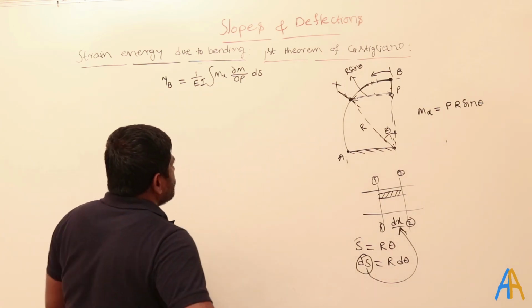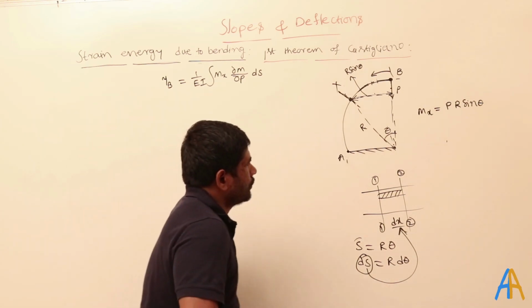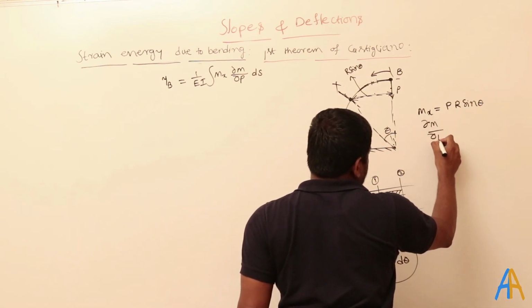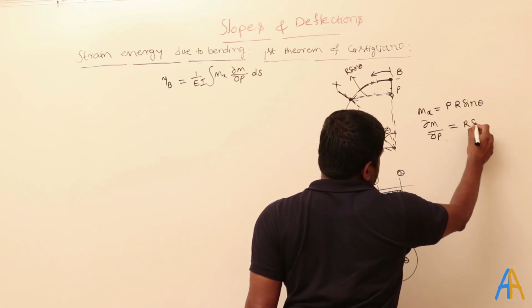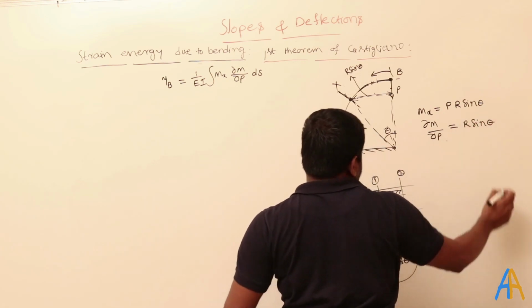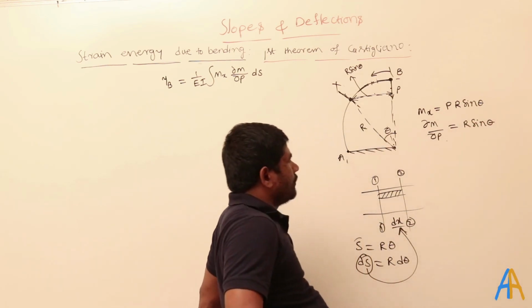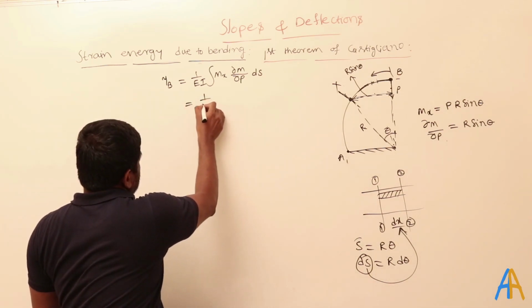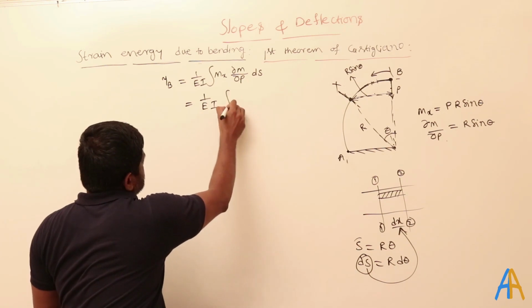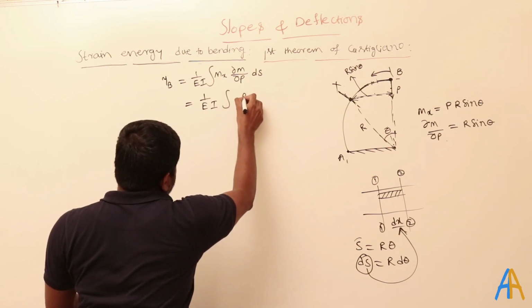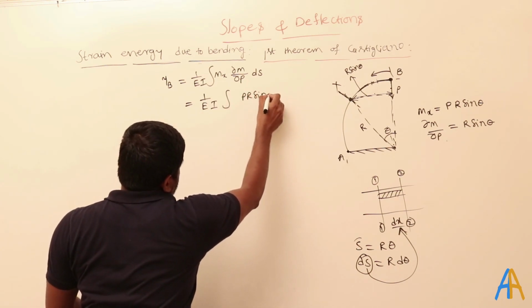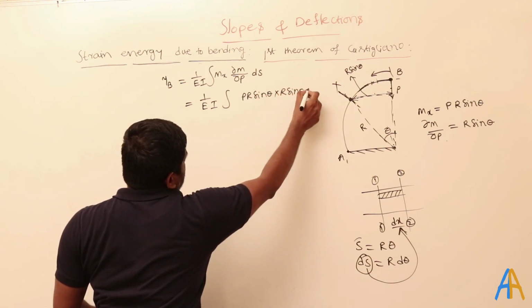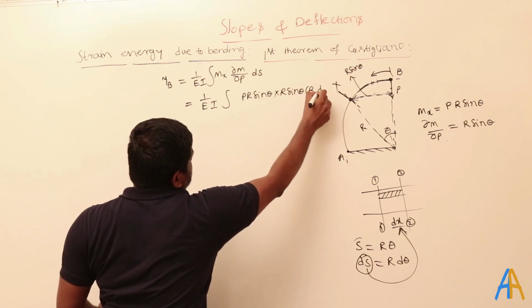And here itself I will write it: dou M divided by dou P equals r sin theta. Then if I substitute these values, this is 1 by EI integral of Mx, which is P r sin theta, into r sin theta, and again r into d theta.